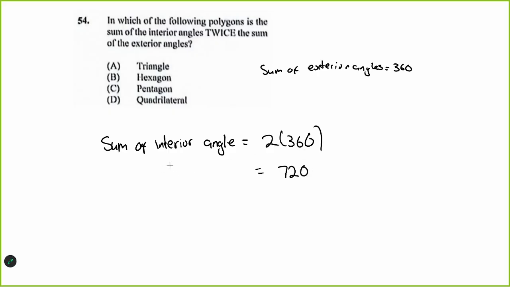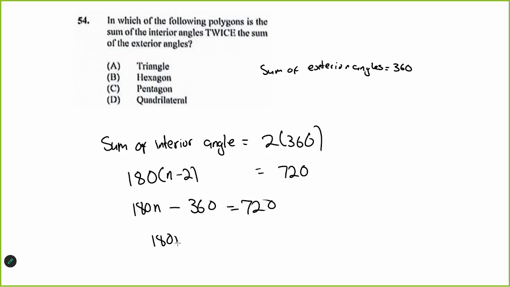Now, what do we know? This is something that you could have learned. I gave you guys a table, and I gave you this formula. The sum of interior angles is 180 times (n minus 2), which equals 720. So that's 180n minus 360 is equal to 720.